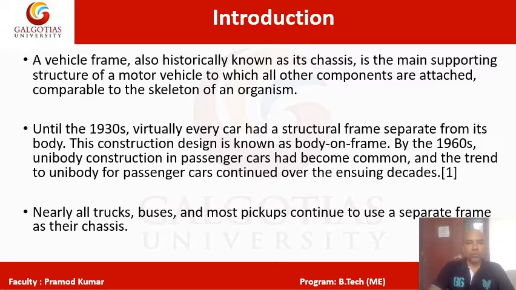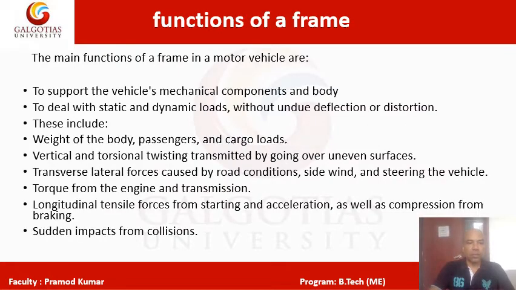Initially the body and the chassis structure were separate, but later it was made in one frame, and that will be discussed in the coming slides. The main functions of a frame in a motor vehicle are to support the vehicle's mechanical components and body.